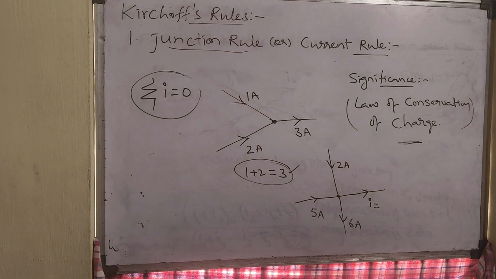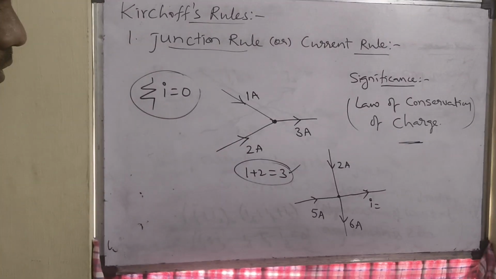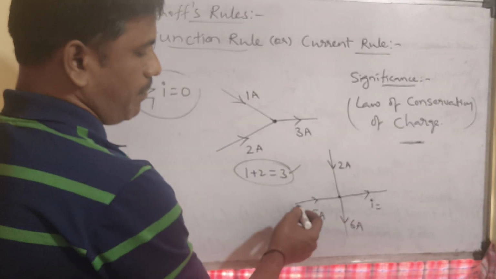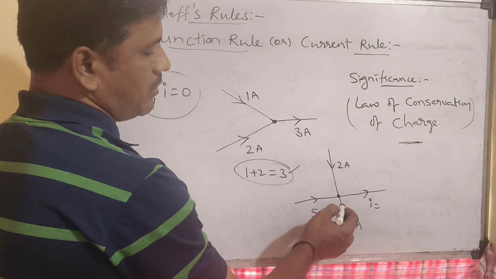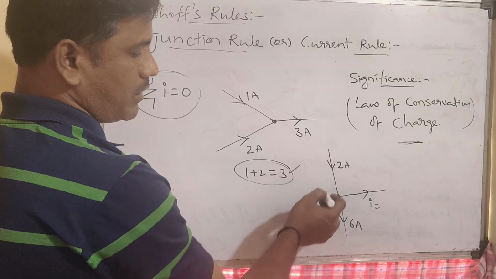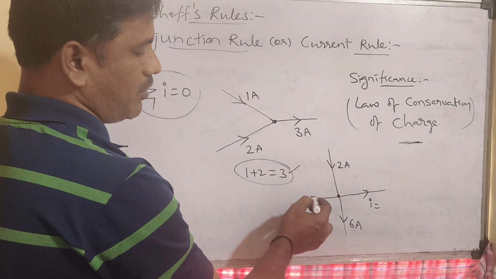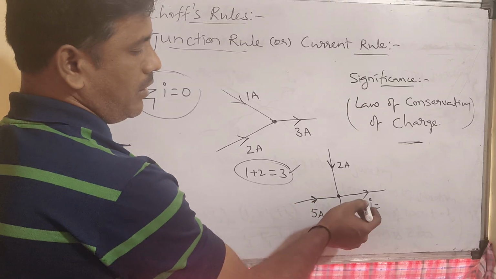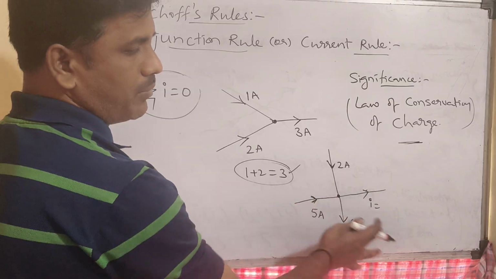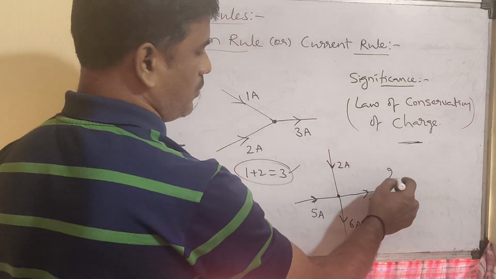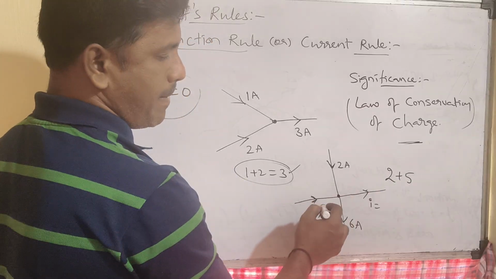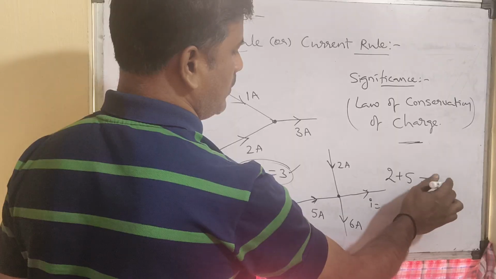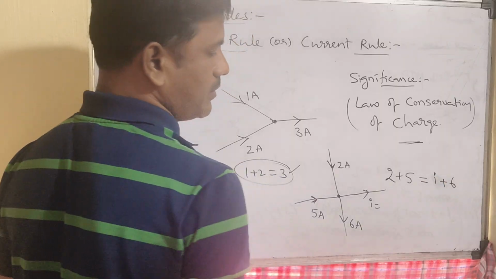How do we solve for the value of I? Looking at the arrow marks, 2 and 5 are entering the junction, and I and 6 are leaving it. So 2 plus 5 is equal to I plus 6.